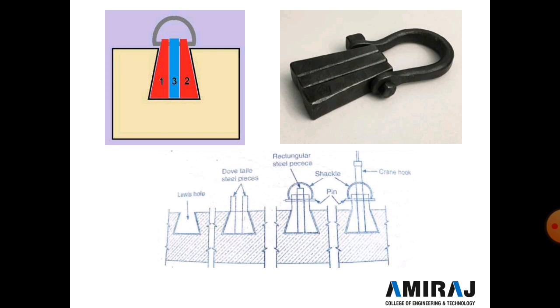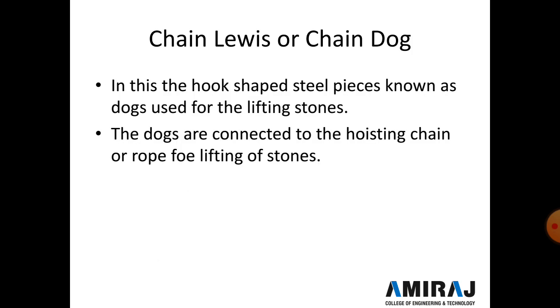After inserting the dovetailed steel pieces, the rectangular piece, seen in blue color in the figure, is inserted in the stone. The shackle secures the three pieces by means of the round pin, and when the stone is lifted, the levis gets tightly fitted in the stone, and this hook is fixed with a crane.